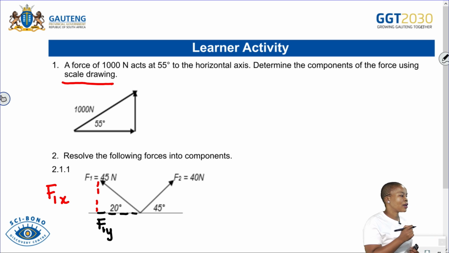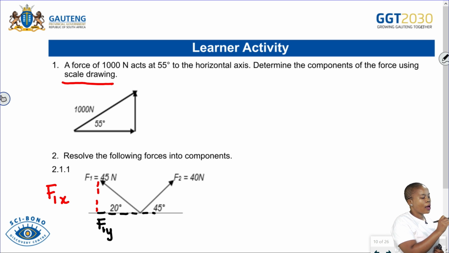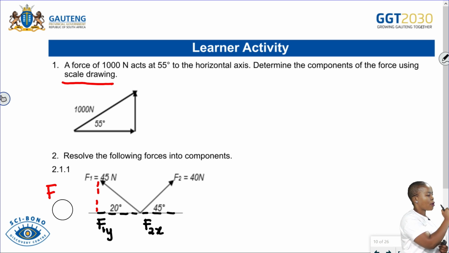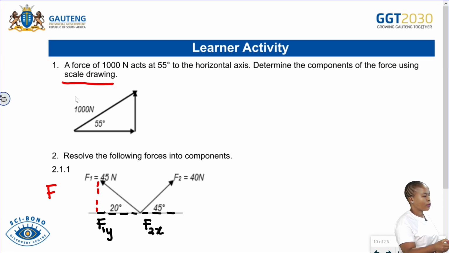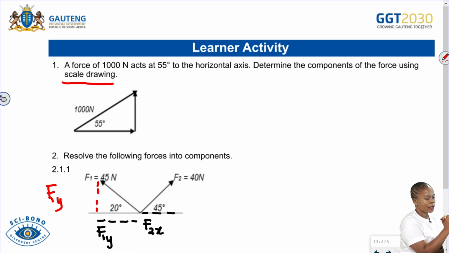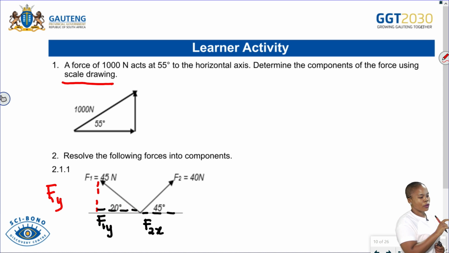Same thing on this side, you're going to have F2x, sorry, this is our y, and this is our x. Remember, x is the horizontal.